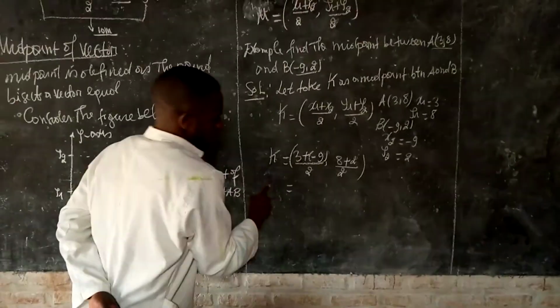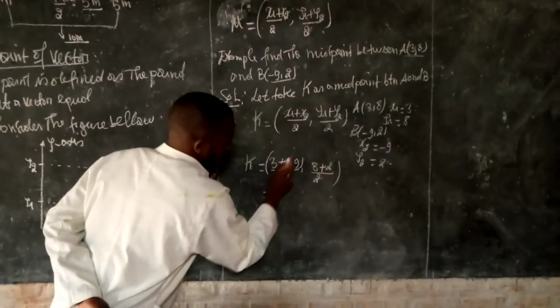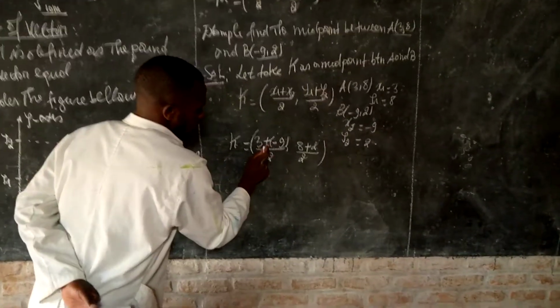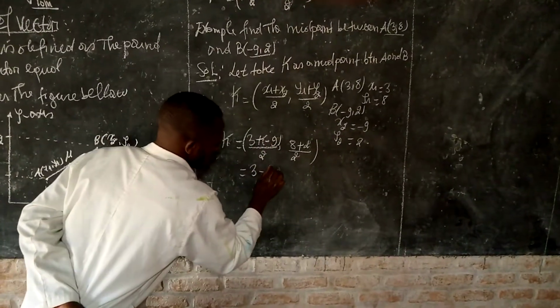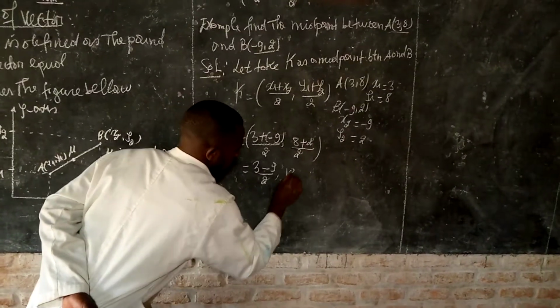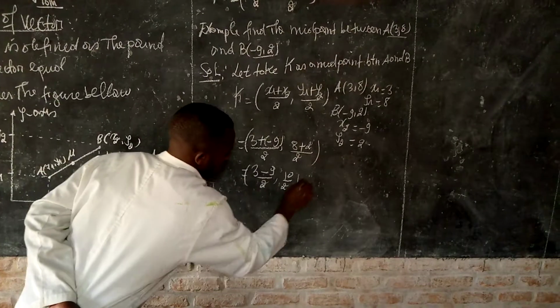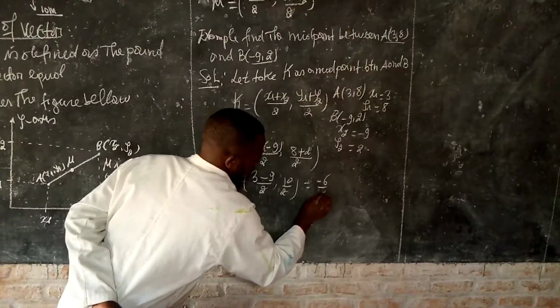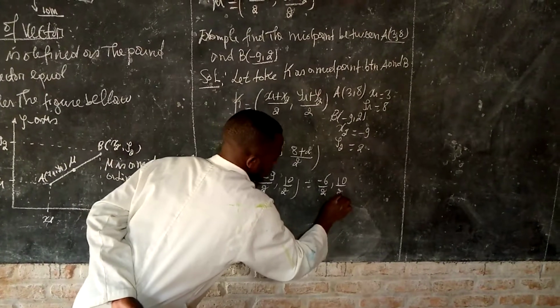So now it becomes 3 plus this bracket, which means multiplication, plus times -9, we get -9 over 2, comma, 8 plus 2, we get 10 over 2, which is equal to 3 minus 9, we get -6 over 2, comma, 10 over 2.